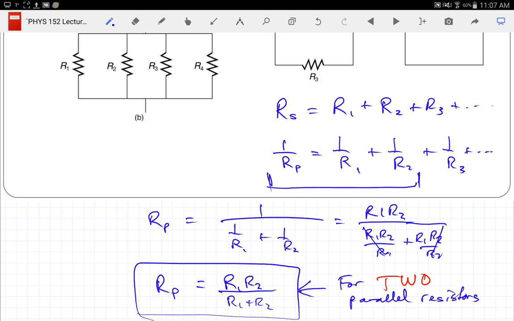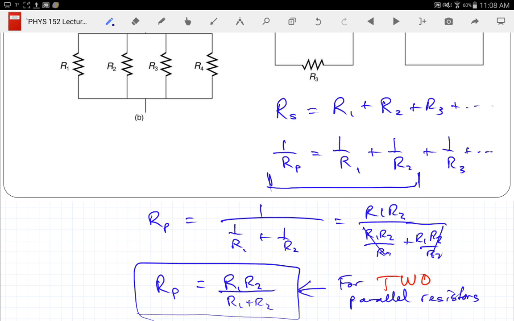If you were to use 3 resistors, it would have turned out to be R1, R2 plus R2, R3 plus R3, R1, all divided by R1 plus R2 plus R3. Is that right? No. It'd be R1, R2, R3, all divided by R1, R2 plus R2, R3 plus R3, R1. Okay, it's more complicated. And so I do 3 so people realize that the equation I put in the box is a special case that only works if you have 2.